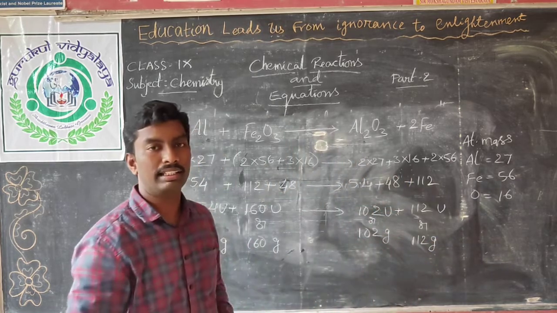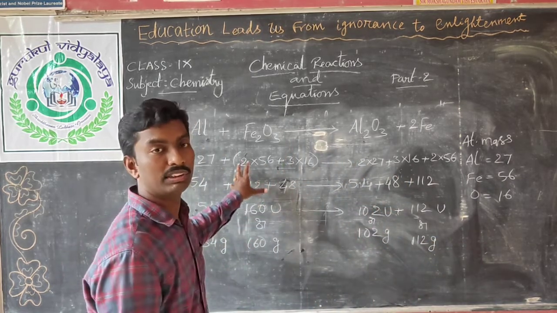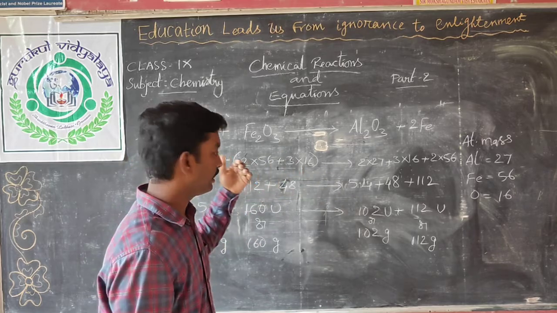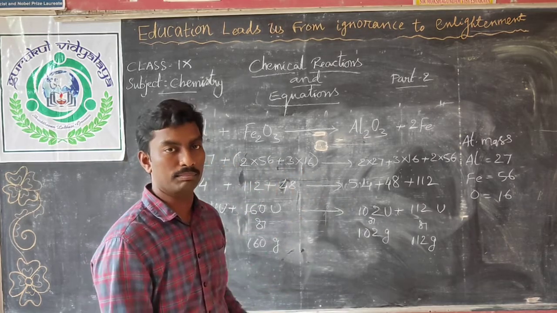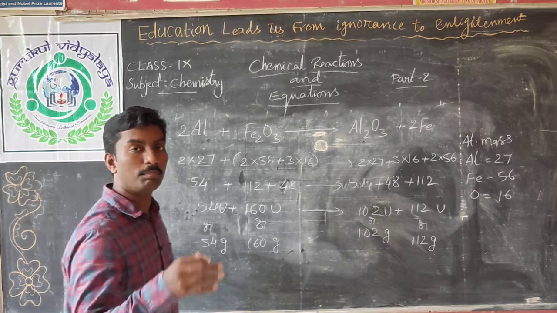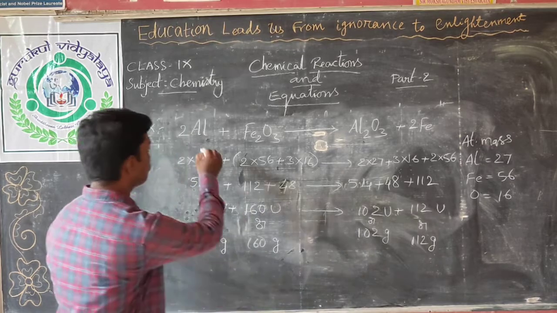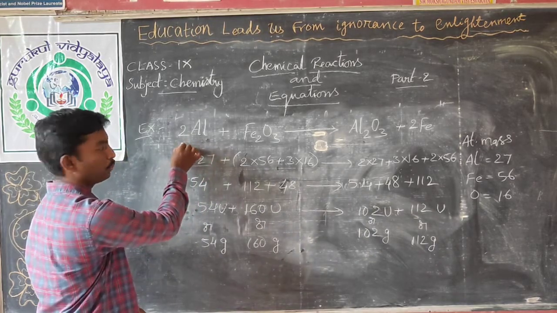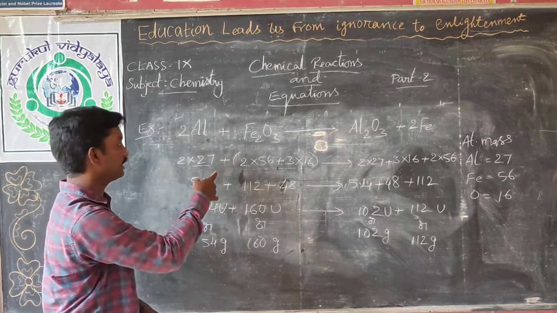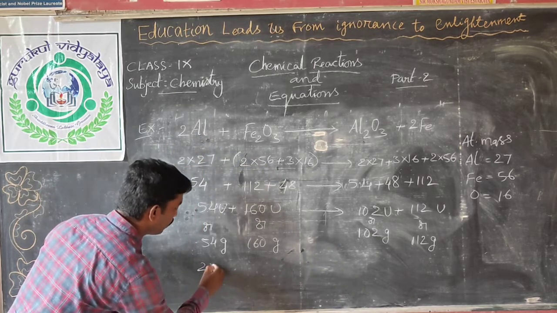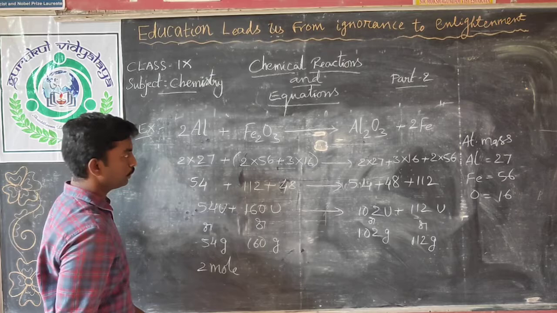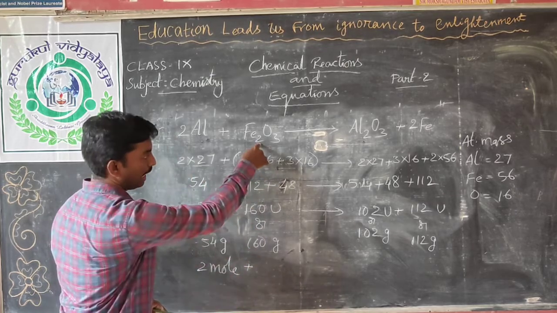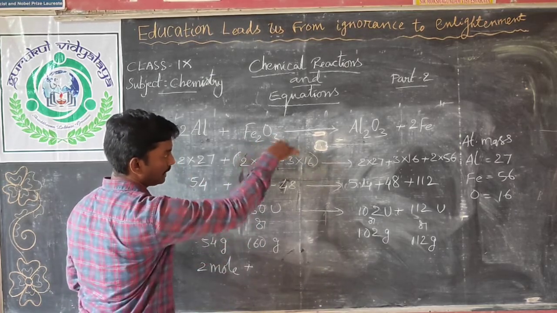So by this we are getting each individual molecular mass or unified mass in the form of grams, and here in the form of number of molecules. If you observe, aluminum has a 2 before it. That means it is having 2 moles. 2 moles of aluminum plus iron oxide, only one iron oxide is there.